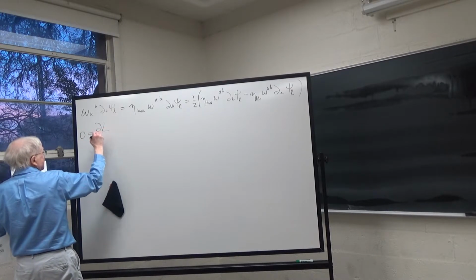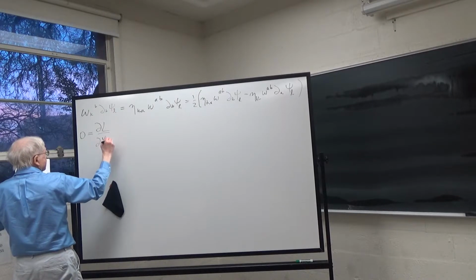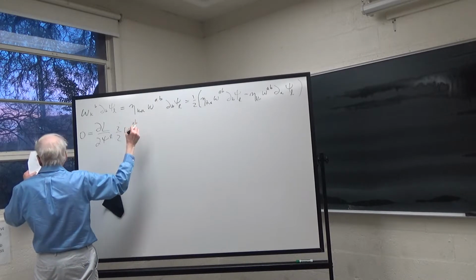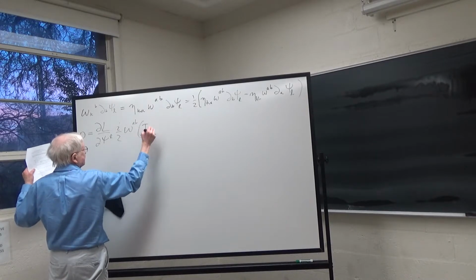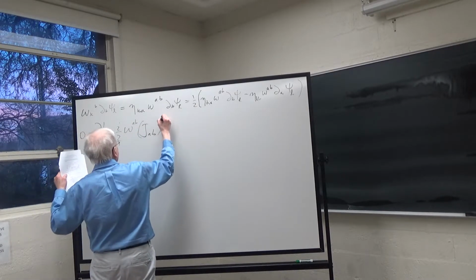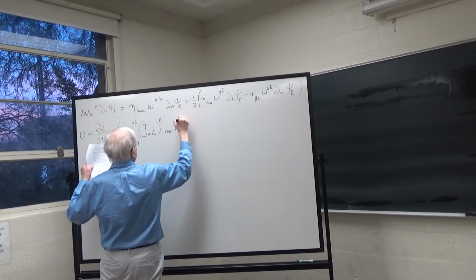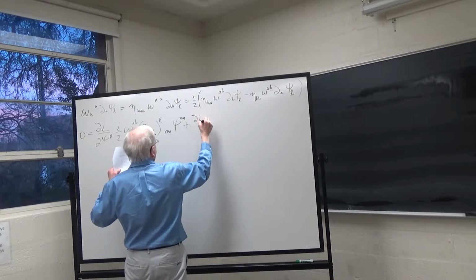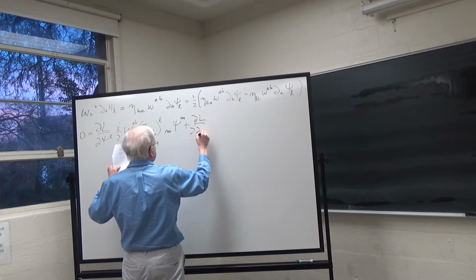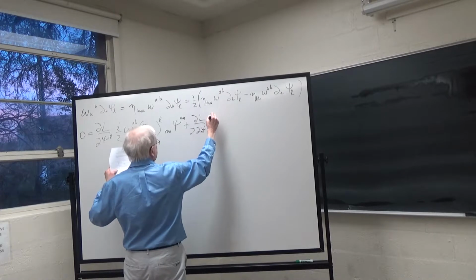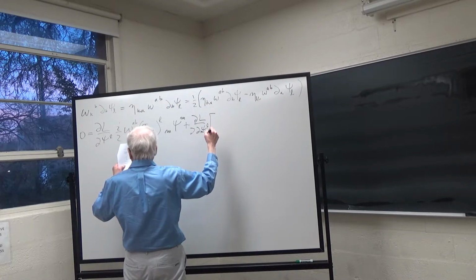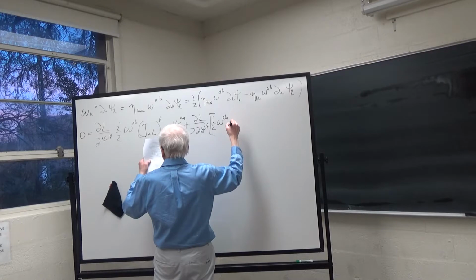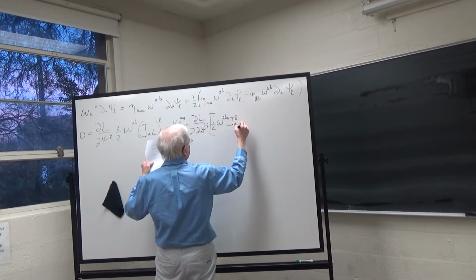what we have is the partial Lagrange density with respect to psi L times i over 2 omega AB JAB LM psi M, plus partial L partial dk psi L times i over 2 omega AB JAB LM.